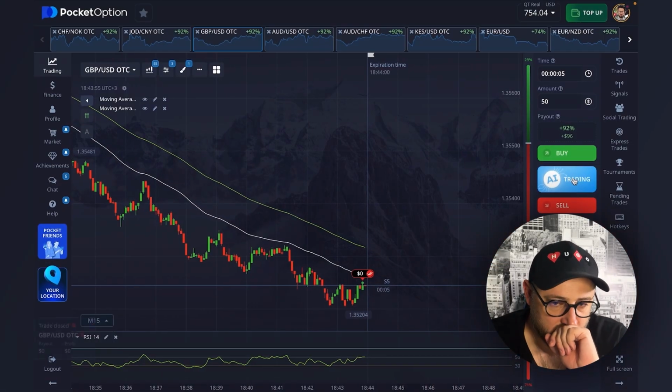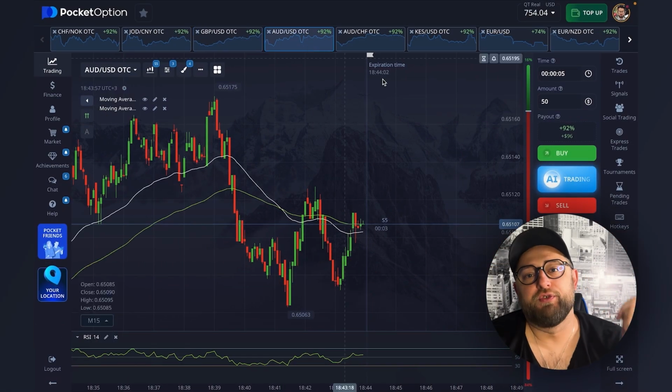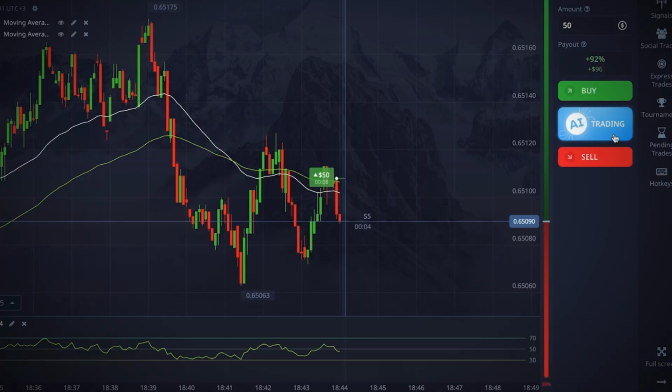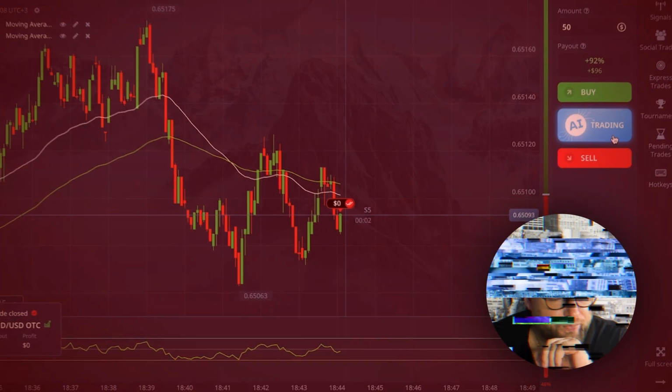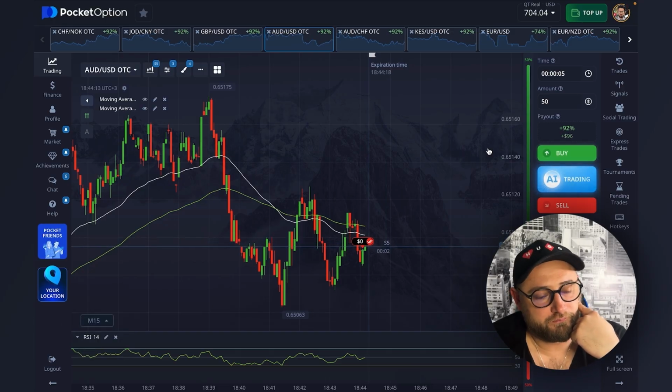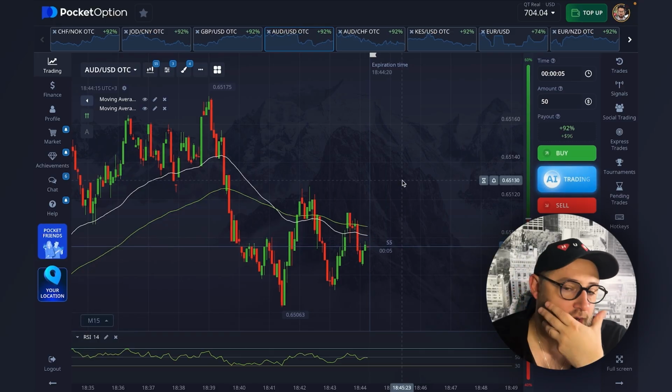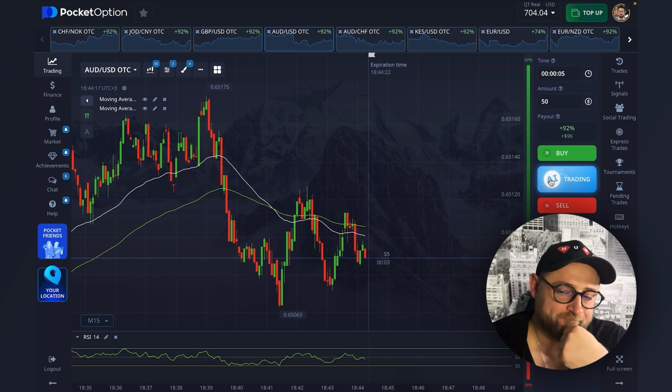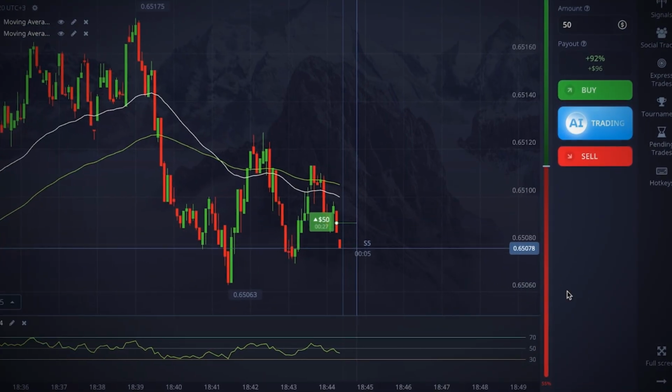Another loss. Glad I'm not using large amounts right now, like I usually do. Oof. Another loss. Next one. Again, AI chooses 30 seconds.